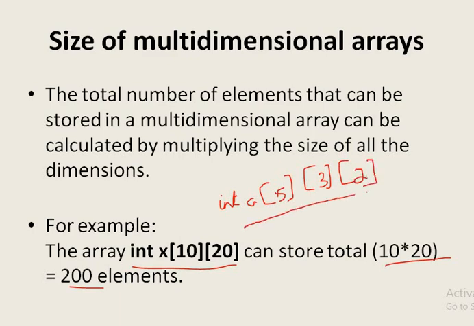Here we have 3 subscripts, therefore this is a three-dimensional array, and the total number of elements that can be stored in this array can be found by multiplying all these sizes. 5 into 3 into 2, which gives 15 into 2, that is 30. The maximum number of elements that can be stored in array A is 30 elements. This is how we can find the total number of elements that can be stored in a multidimensional array.